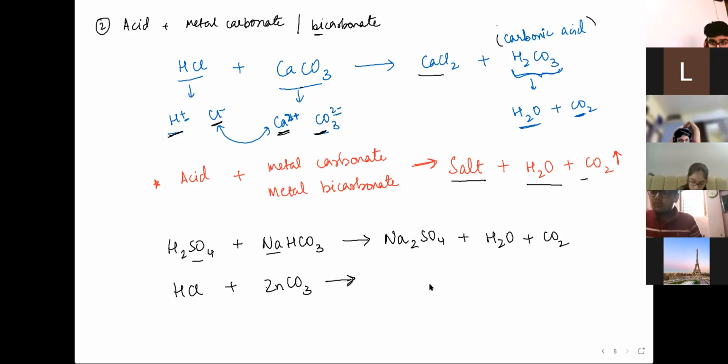Just check again. Your salt is correct, but along with carbon dioxide, the third product is not right. Neki, Devi, Puneet, Aditya and Mansi have sent in. Neki and Dhruv haven't sent answers yet.